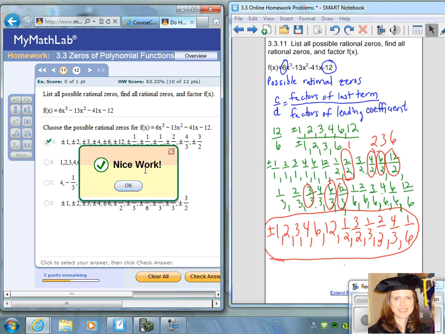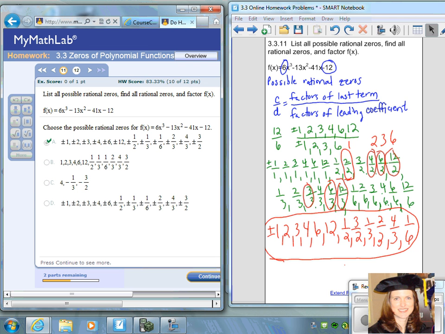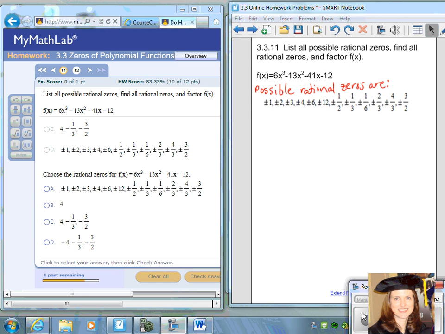We can check our answer. Now the second part of this question says to choose the rational zeros. The first part was give a list of all the possibilities, and all of the possibilities are given here. So again, the possible rational zeros are listed here.